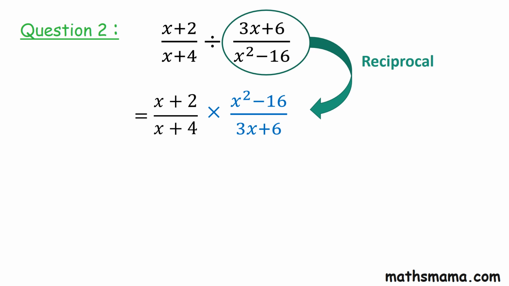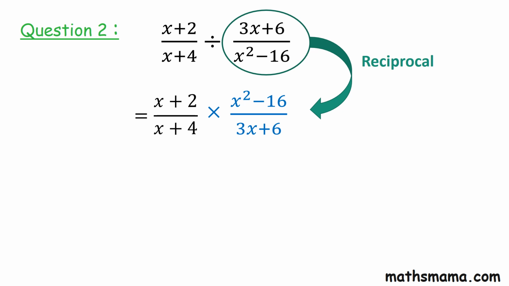So at a glance you don't see any factors in common to cancel off, but as I discussed in a previous video, you have to always explore the factors, because most of the time factors are hidden inside these quadratic expressions.